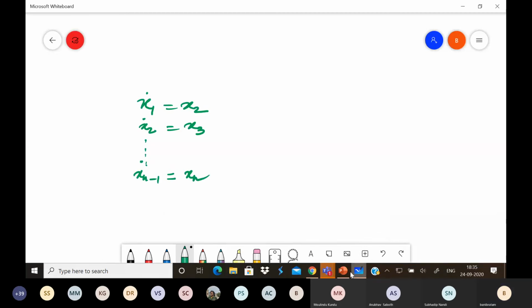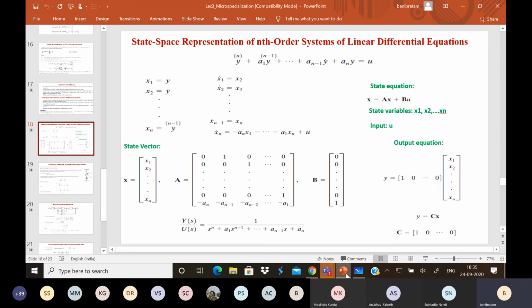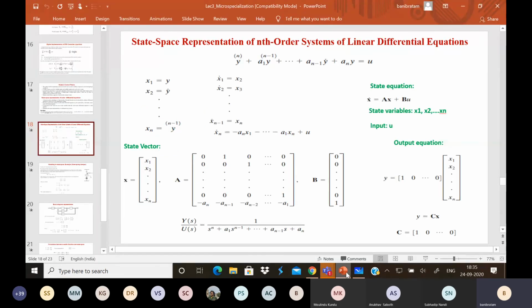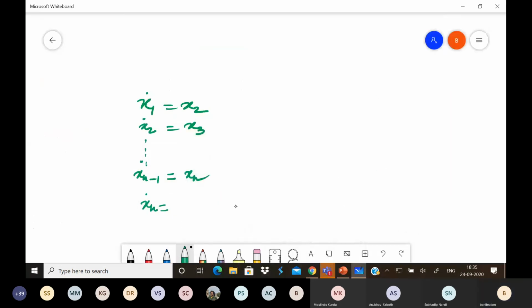So these are the equations, and the last equation is your xn dot, that is equal to minus an x1, yes, minus. That I understood. You understood? Yes, sir. minus an minus 1 x2, dot dot dot, like this.